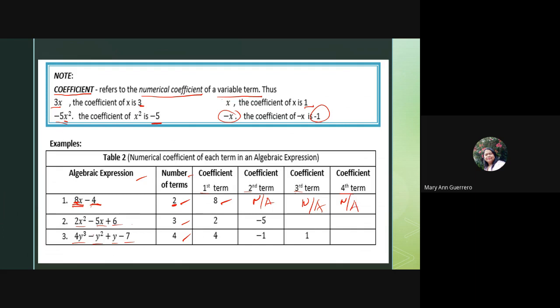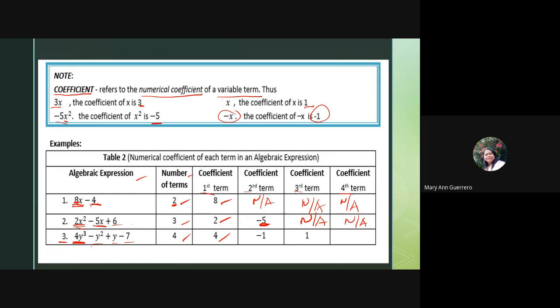Okay. Ito naman, three terms, coefficient ni first term, 2. The second term, ito yun, negative 5. Buhatin yung sign. Ito. Three terms, constant term yan, so not applicable. Hanggang 3 terms lang yan, so not applicable. So for the last number, coefficient of the first term, so that is 4.